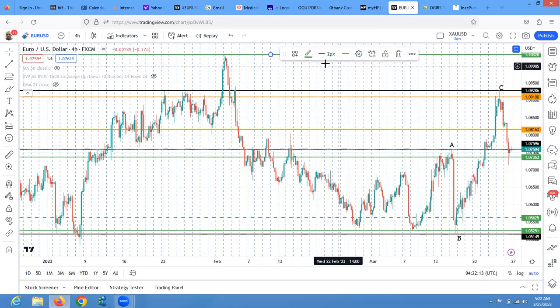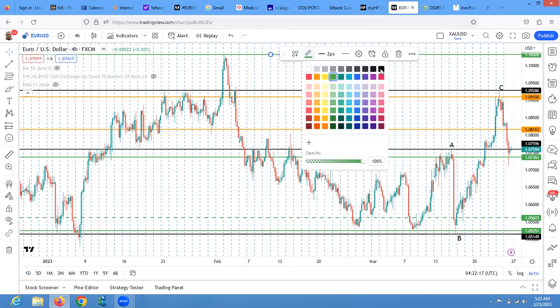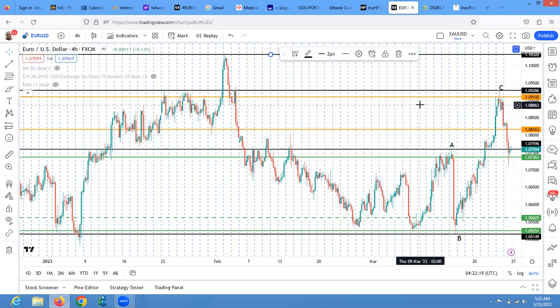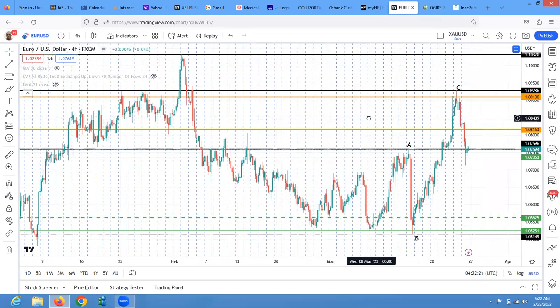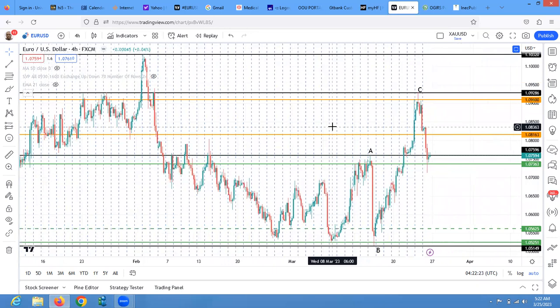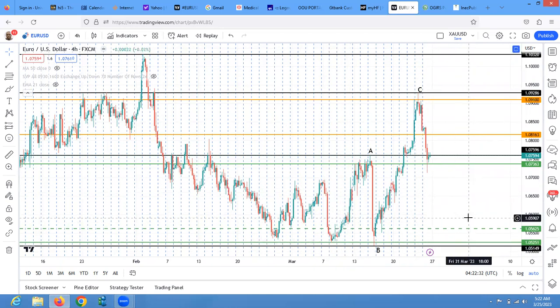Now, it started there. If I may use black for that as well, it started there. Then what we were expecting is that the correction, if we are to turn down, will be A in the red, B in the red, and C in the red.